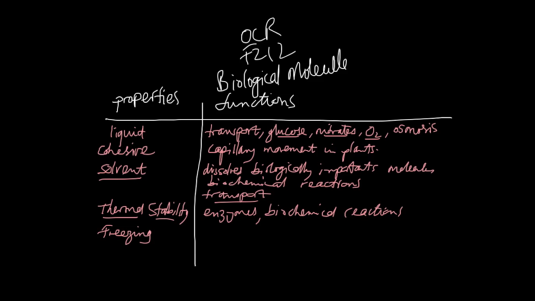Right. So the other thing is this very unique property of water that when it freezes, it becomes less dense. Usually when you go from a liquid to a solid, it follows that things become more dense. But water goes the opposite way, it becomes less dense, and so water tends to freeze, forming ice at the top of a body of water. What that means is it insulates the water below it.